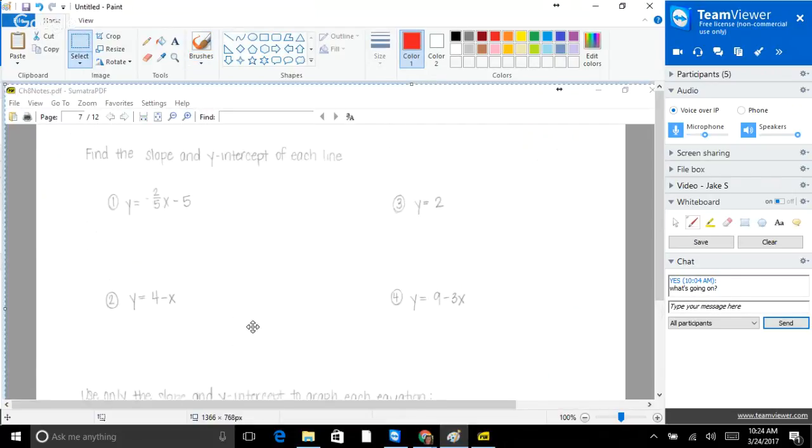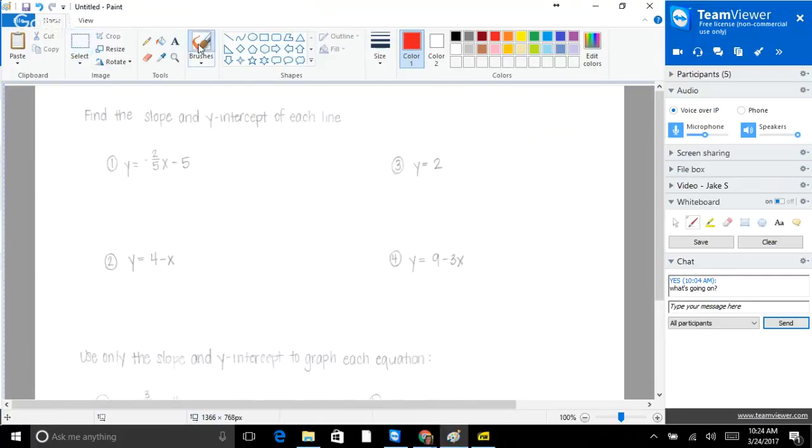Here, we'll do that. Paint's always nice to me. Let me write on it. Okay, so you want it to look like this. Y equals mx plus b. And this does look like y equals mx plus b, even though it's really light, right? So your slope of this equation is going to be whatever is before the x. So you would say that the slope of this equation is negative 2/5.